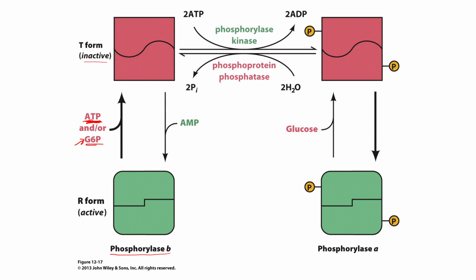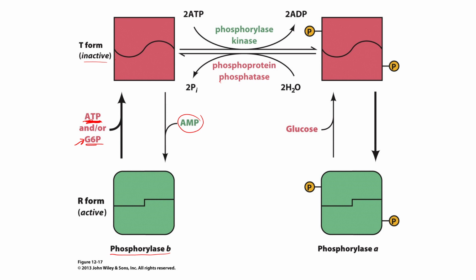There's also an allosteric effector that helps shift phosphorylase B more towards the R form, or the active form, and this allosteric effector is AMP. So AMP essentially is a signal that we are in the opposite state of when we had a lot of ATP around. ATP was telling us there was a lot of extra energy available in the cell. AMP is the opposite.